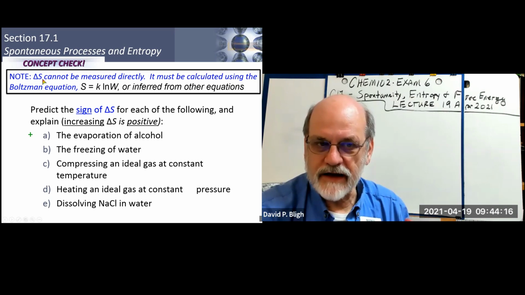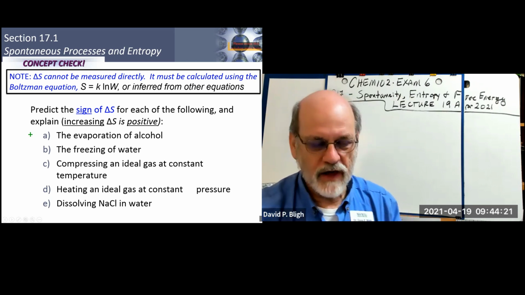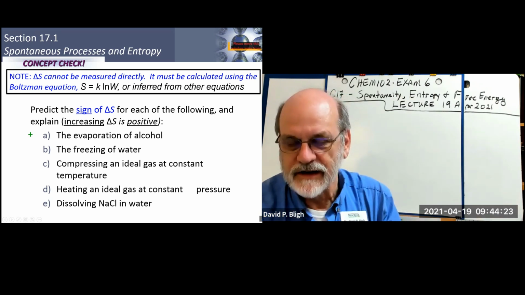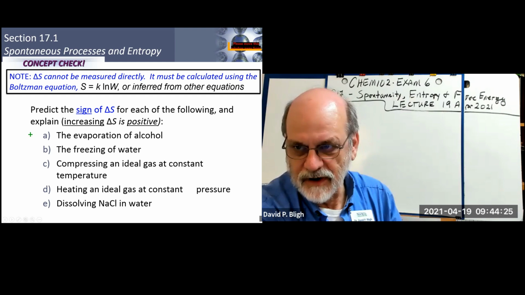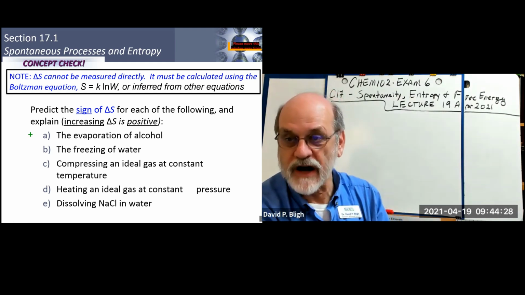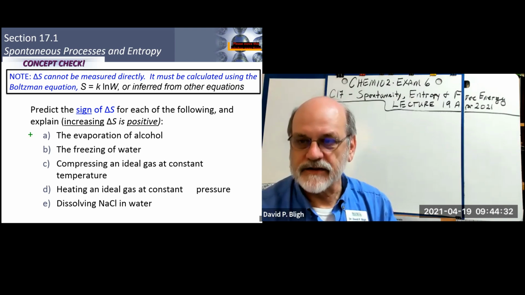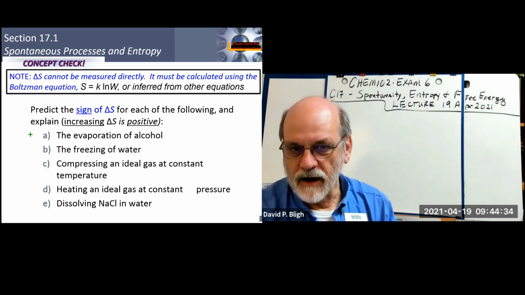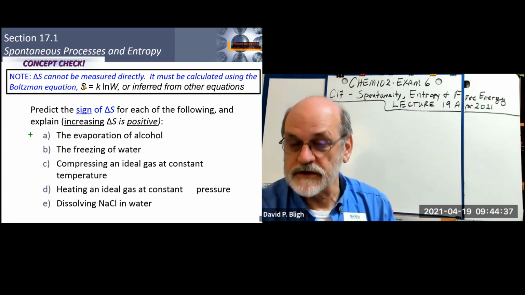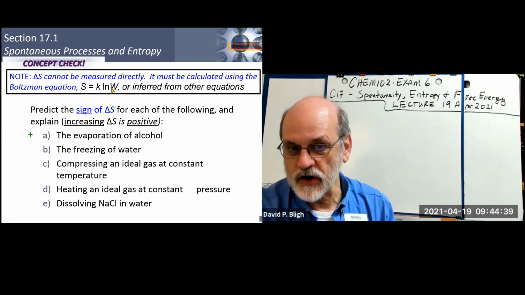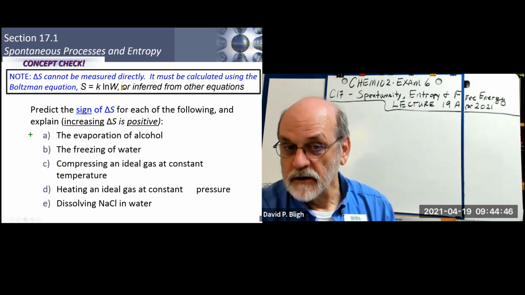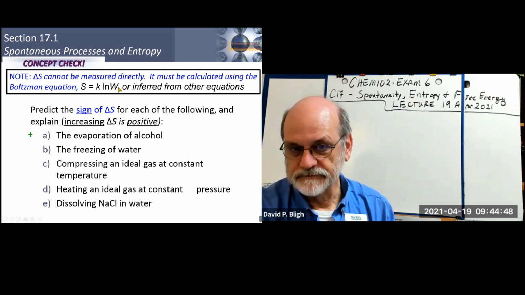It's important to recognize that delta S is not measured directly. In other words, you don't have a ruler or a device that you can hold up to a reaction or a process of any kind, and it will spit out the number delta S. Delta S is calculated. The original way to calculate it was in terms of statistics. This term right here, the W, is Ludwig Boltzmann's term for probability. Right?